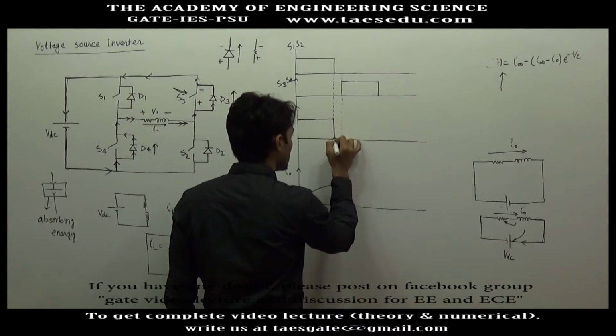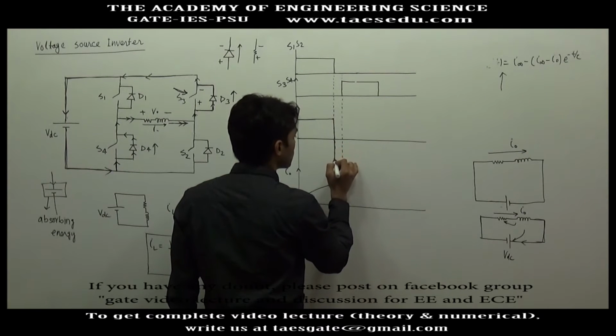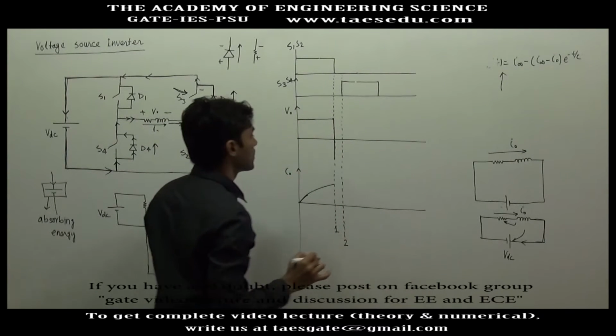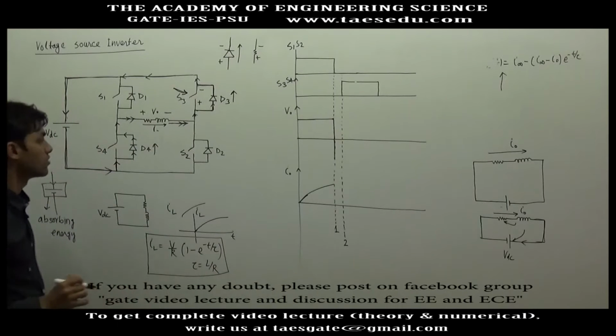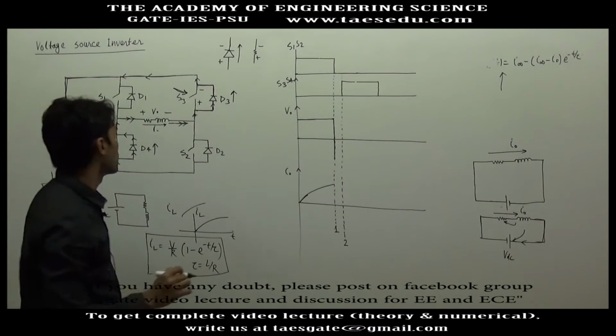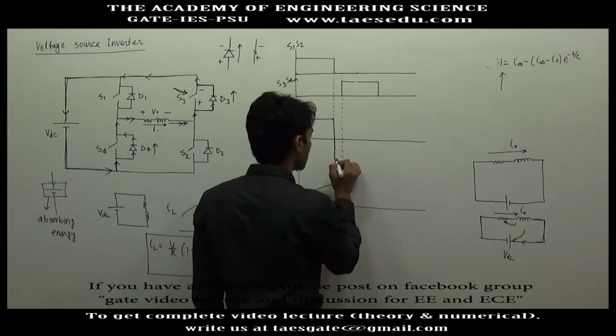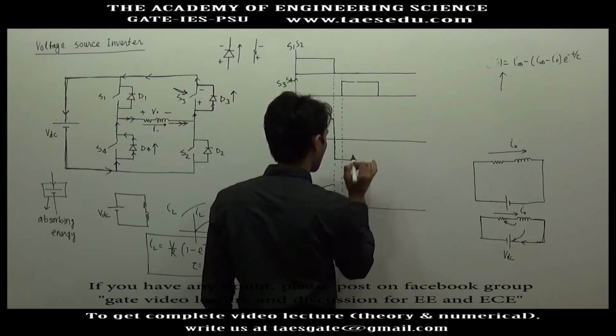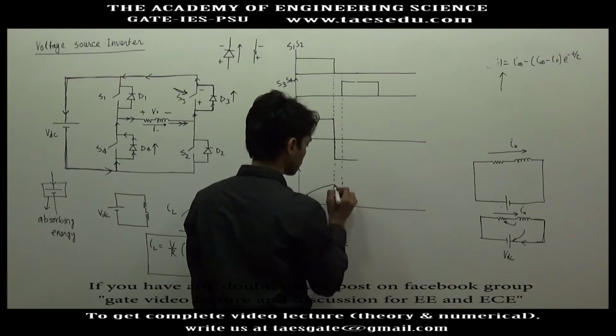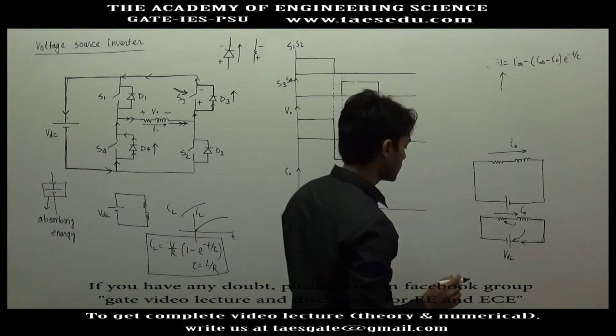So immediately after turning off S1 and S2, diode D3 D4 will conduct, and you will get negative voltage.